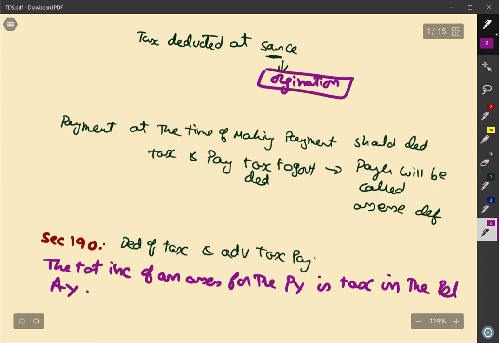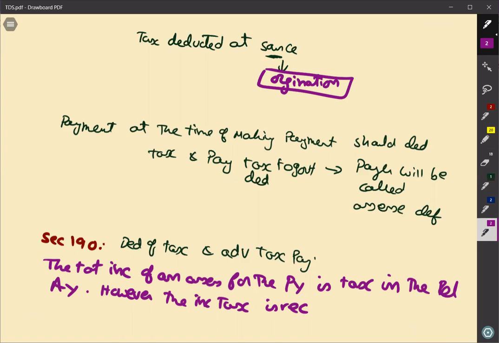But here, what Section 190 says is, however, the income tax is recovered from the assessee.